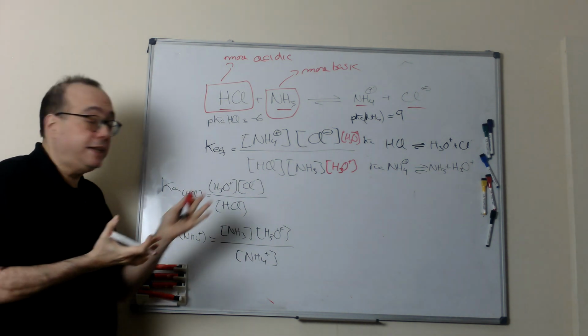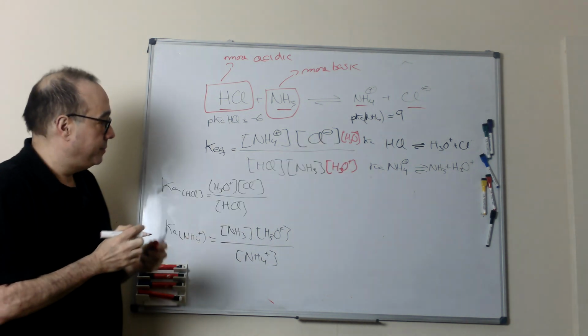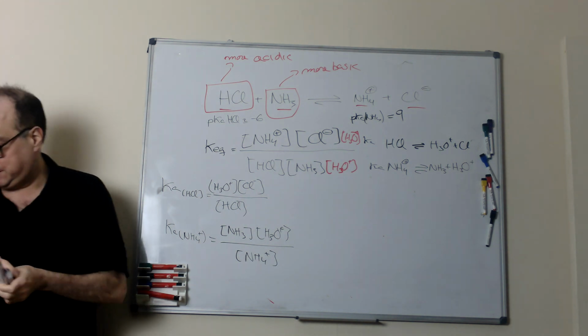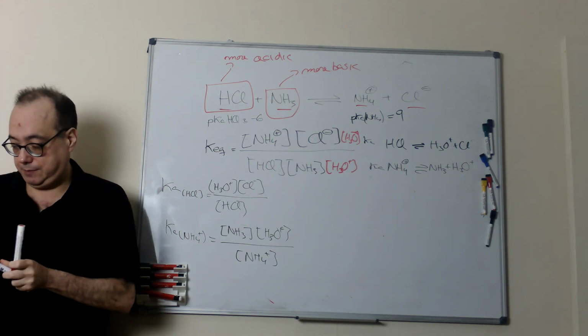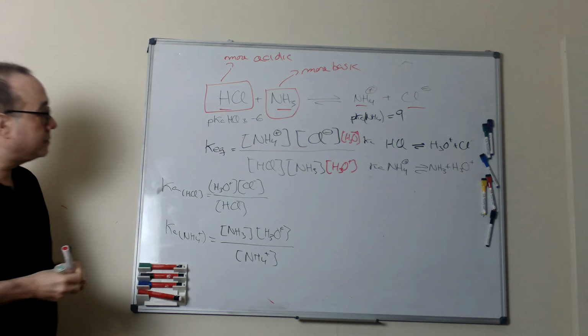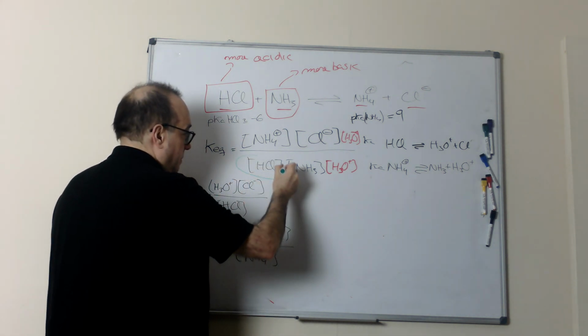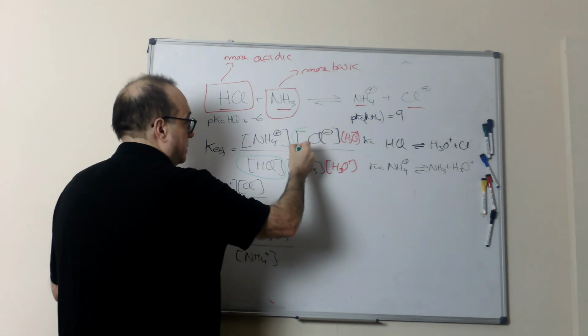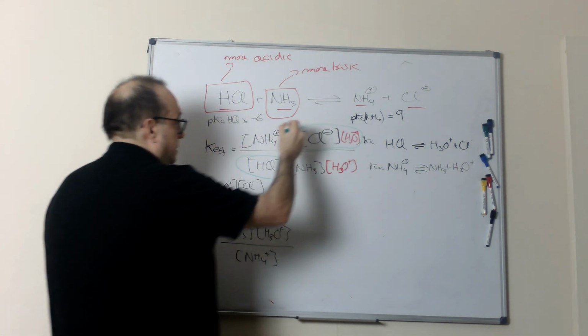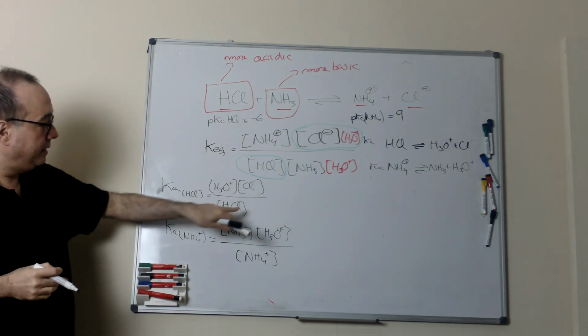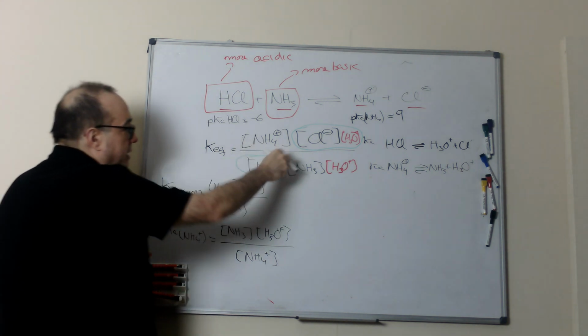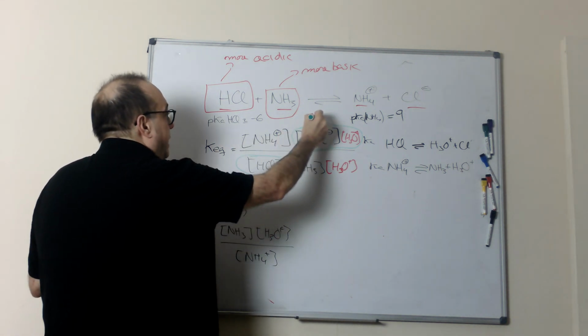Basically, I am not doing anything. I am only multiplying by 1. And now all of this is exactly this. That means that I can transform this to Ka.